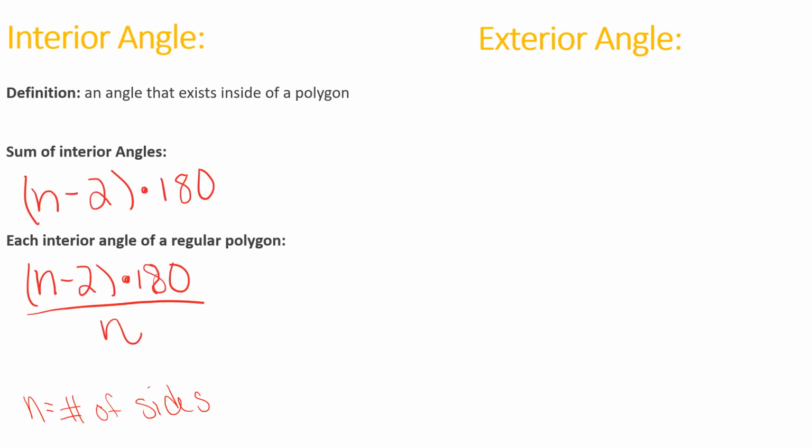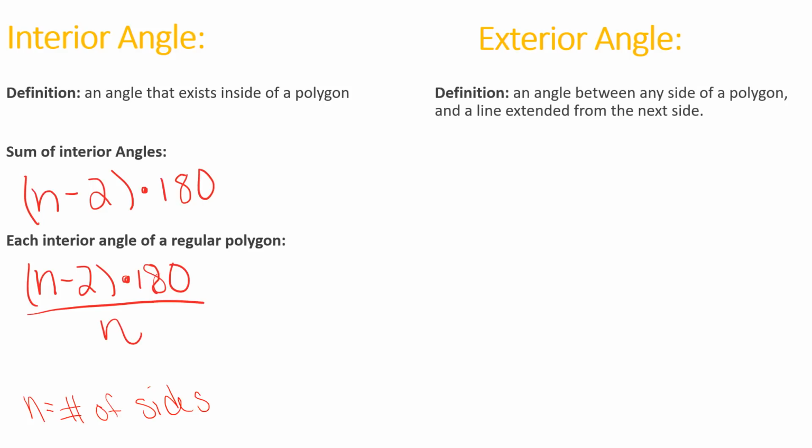Okay, exterior angle, the formal definition is an angle between any side of a polygon and a line extended from the next side or the previous side. And just think back to that picture when we drew one. If we had a triangle, the exterior angle would be something like this. Remember the exterior angle theorem for triangles in one of our first triangle units?